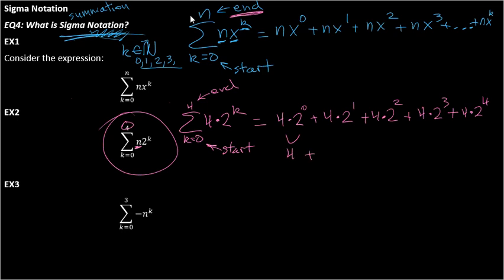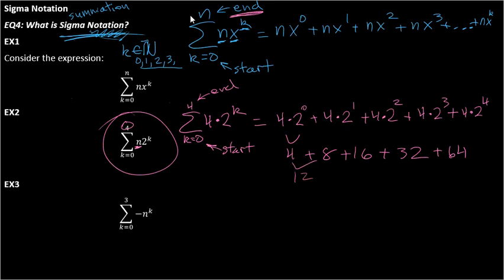And then we have 4 times 2 to the first, so plus 8. 4 times 2 to the second, so that'd be plus 16. Then 2 to the third would be 8, so 4 times 8 is 32. Then 4 times 16, which would be 64. And then I would just add this all together.